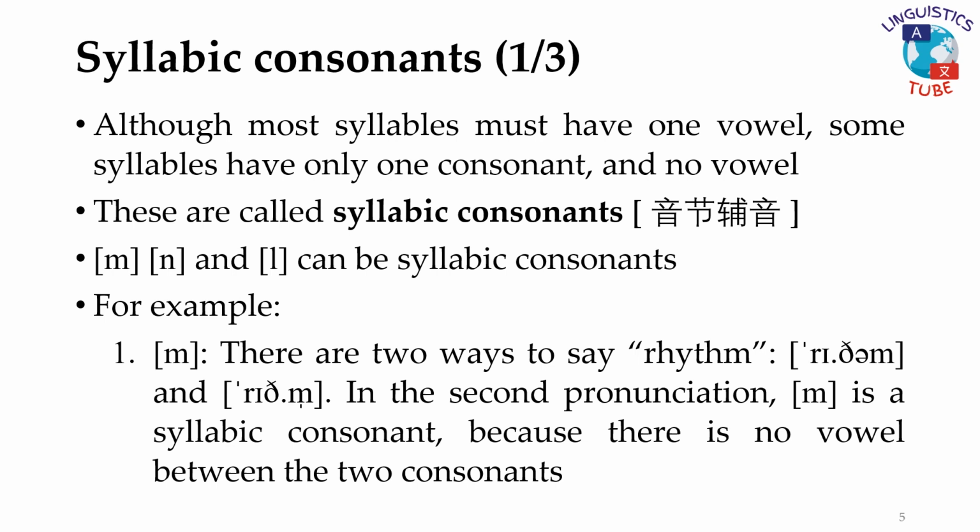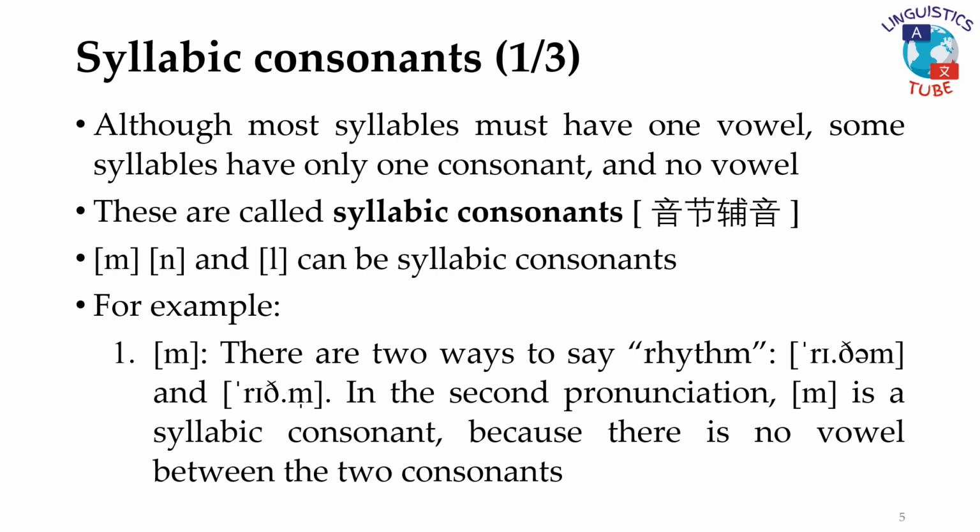For example, there are 2 ways to say rhythm. You could say rhythm, with a vowel. You can hear a vowel between th and m, and if you say this word yourself in front of a mirror, you will see that your mouth opens slightly between th and m in order to say the vowel.